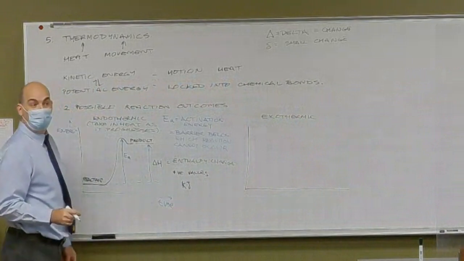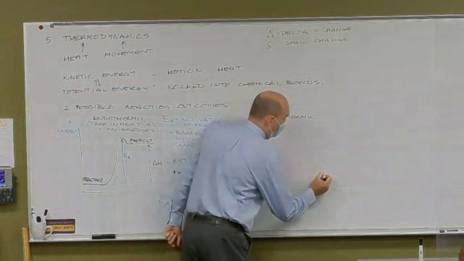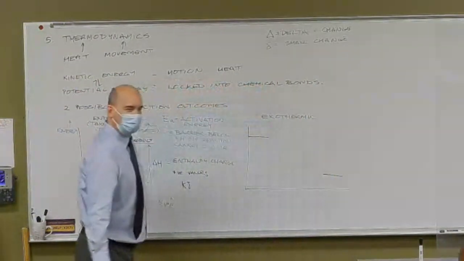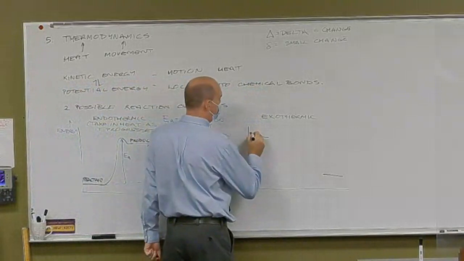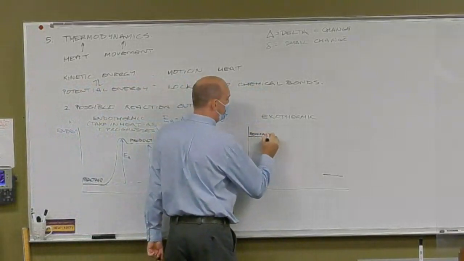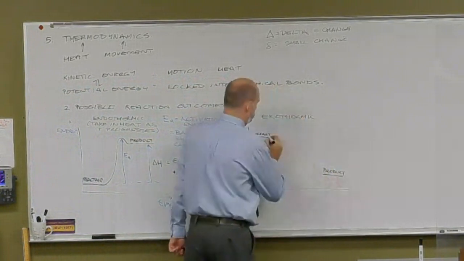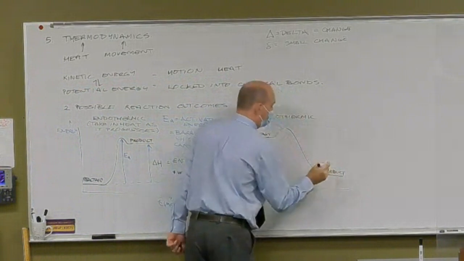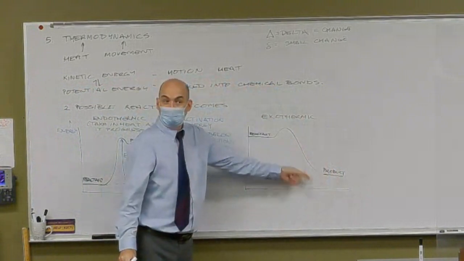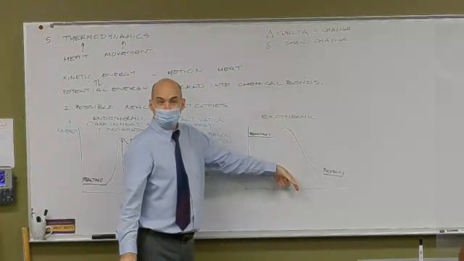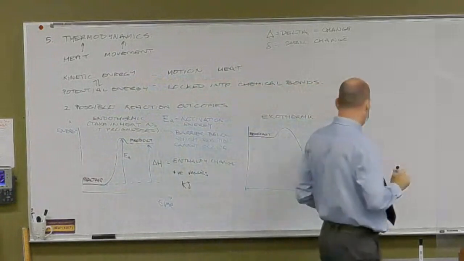Exact opposite. Exact opposite is going to be an exothermic reaction, where the product is lower in energy than the reactant. Again, there's a hump. That's our activation energy. And sometimes the activation energies are really tall, and sometimes they're just little things.